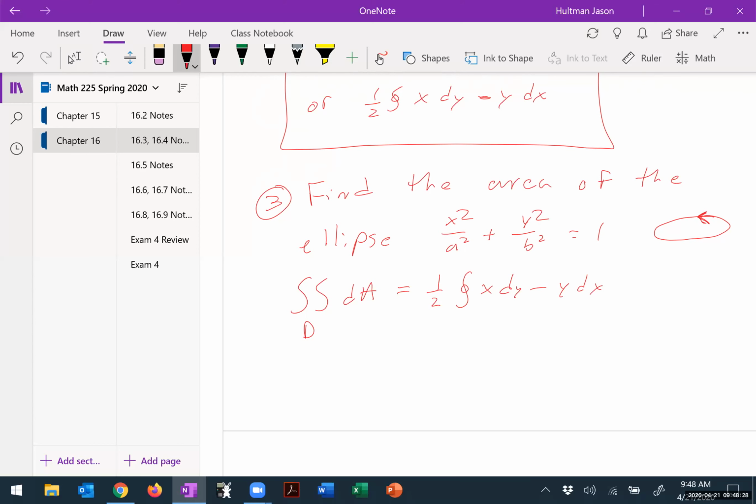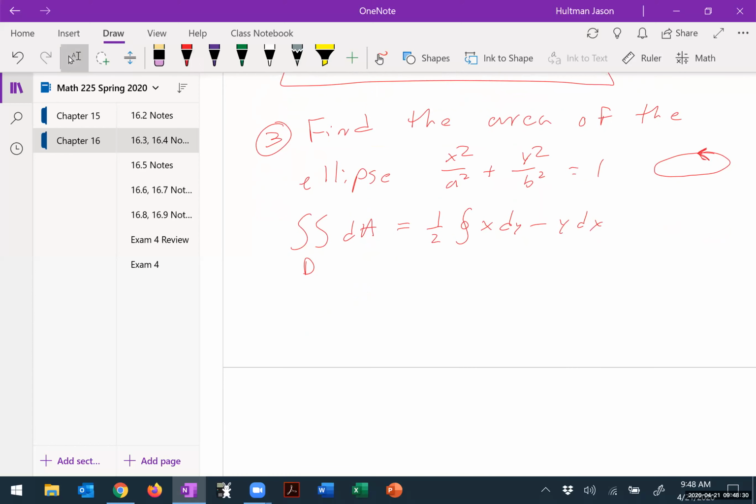Okay, so now let's parameterize this equation in terms of a single variable t. So what's x going to be equal to? x is going to be equal to a cosine t.